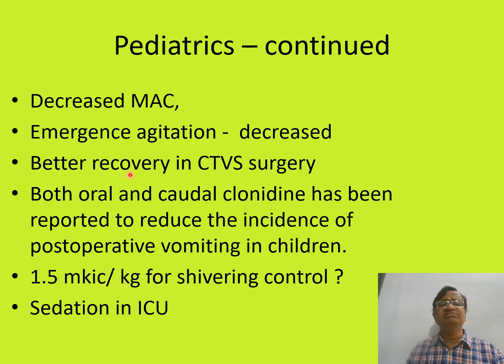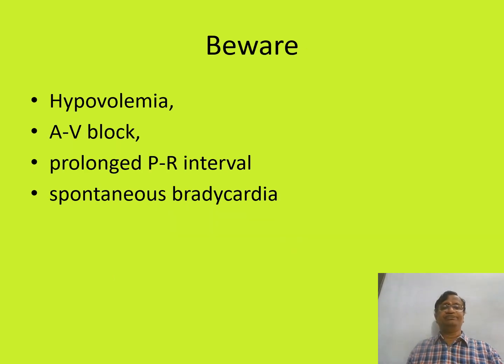They have found decreased emergence agitation, which is very tricky in these pediatric cases. We can use this cheap drug, clonidine, to decrease the emergence agitation. Better recovery. Oral clonidine causes decreased postoperative nausea, decreased shivering. All these things are good in pediatrics. Emergence agitation, vomiting, shivering: this is what we are targeting with clonidine.